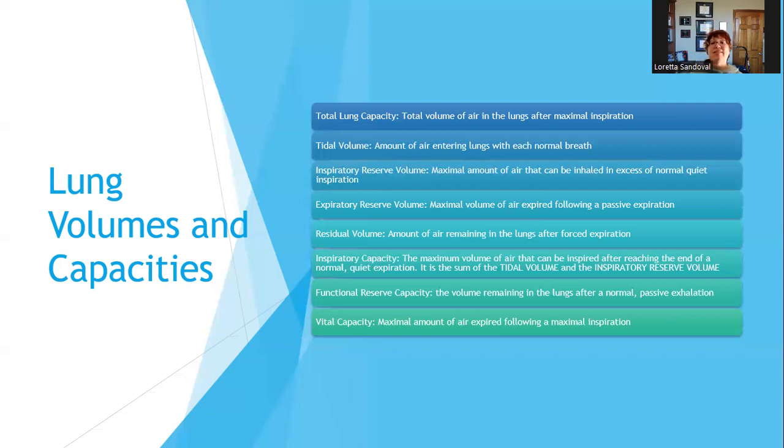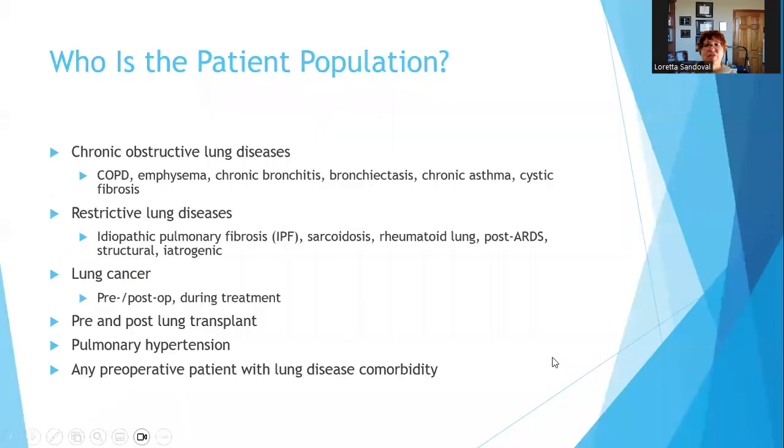And the vital capacity is the maximal amount of air expired following a maximal inspiration. So that's kind of where the rubber hits the road. Your vital capacity, that's what your lungs are capable of. So hopefully that all makes just tons of sense, right?